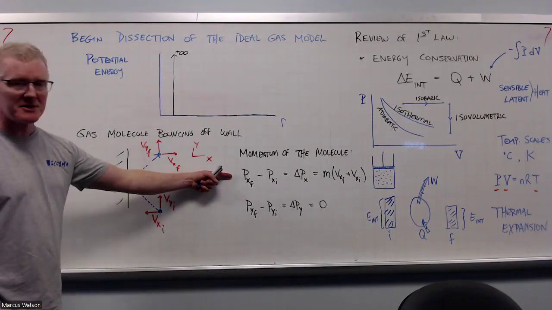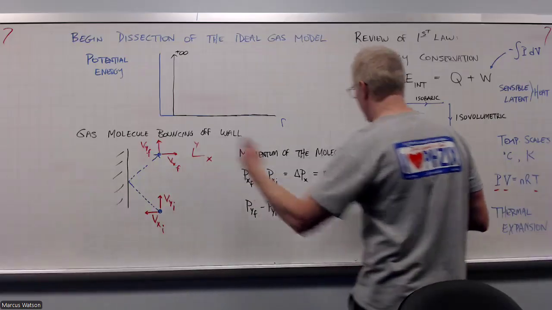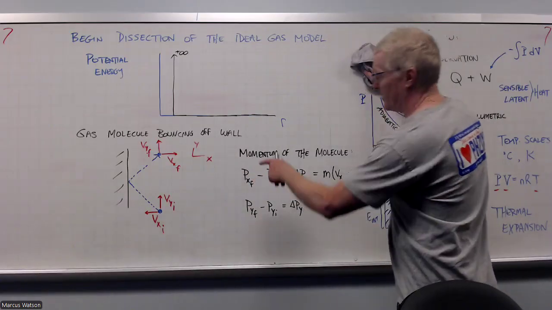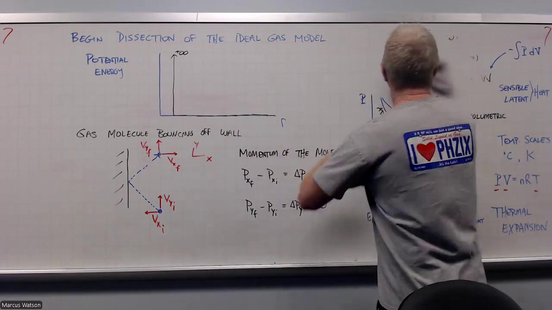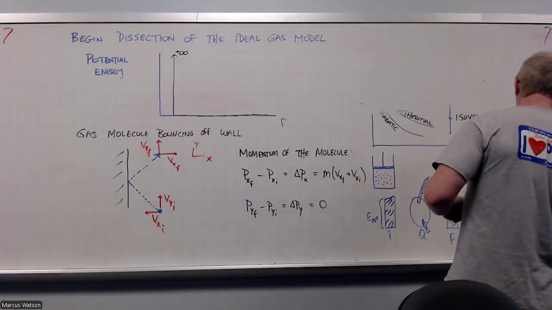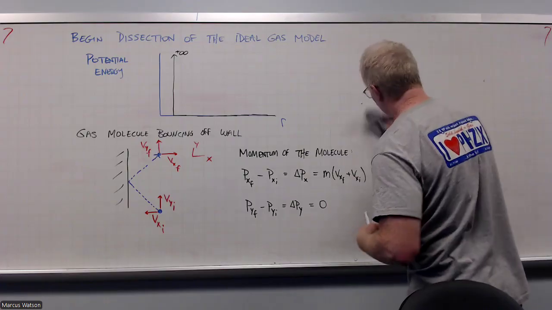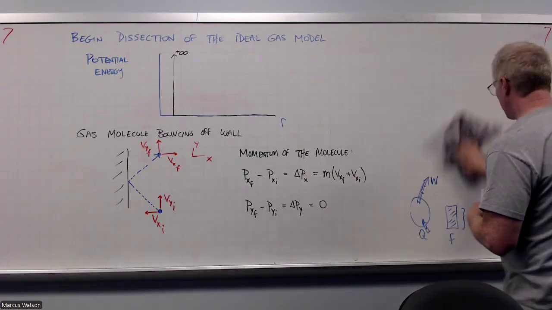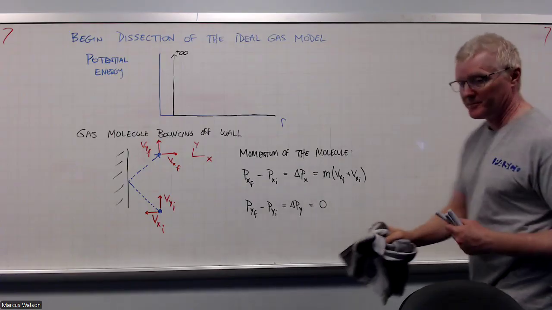This is going to be a fairly substantial momentum change, which it should be, because the particle was going that way, hit, turned around, and came back this way. Momentum is a vector quantity, so the change was large. So the question is, what caused that change in momentum?